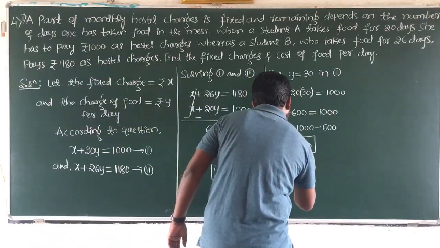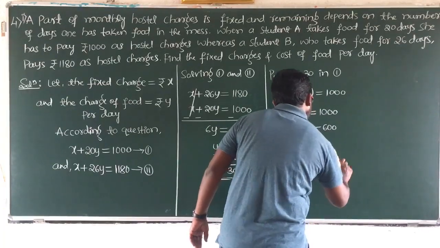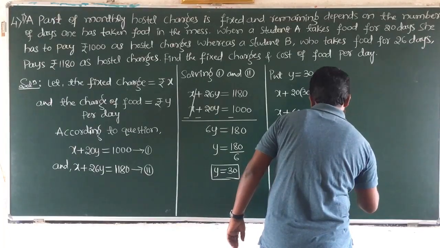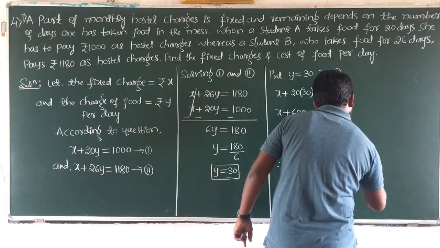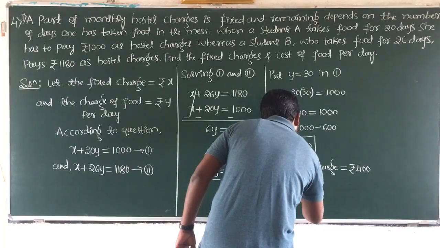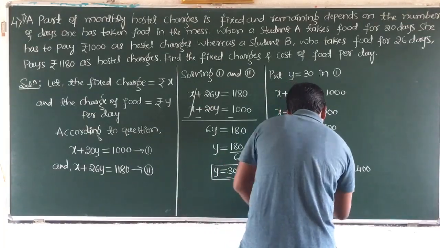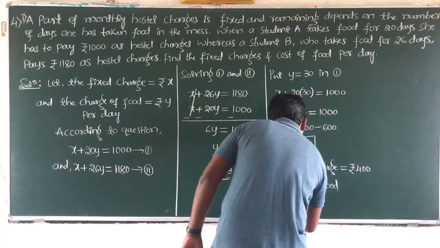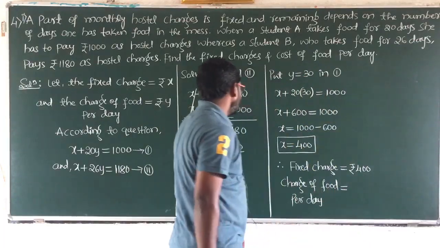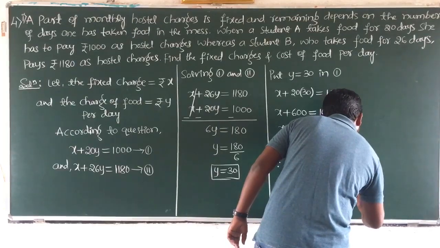Therefore, the fixed charge equals rupees 400, and the charge of food per day is y, that is rupees 30.